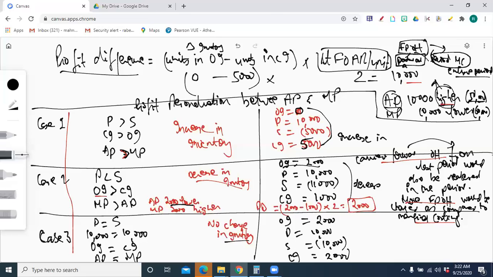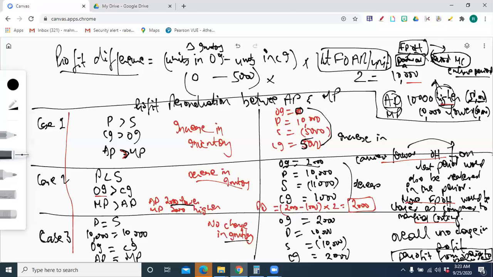And then it goes like this. Overall, there's no change in profit, but profit from period to period only varies.